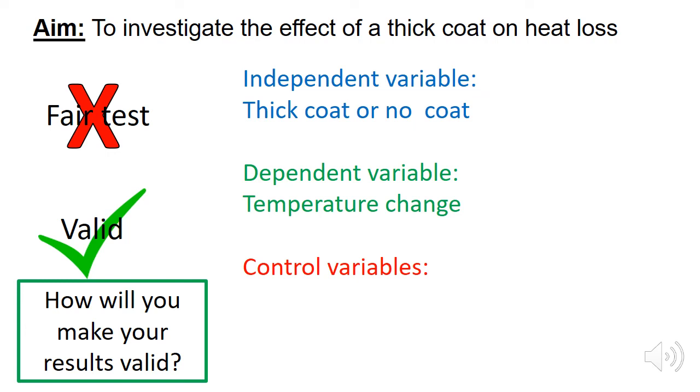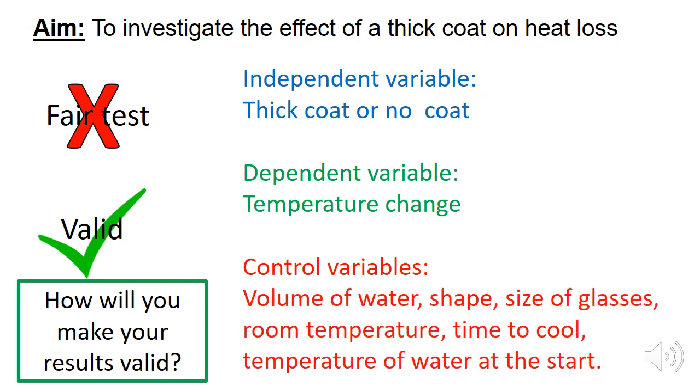And then did you identify that to make the investigation valid, you would control the following: that you would keep the volume of water the same, the shape and size of the glasses or the bowls the same, you would keep the room temperature the same, you would leave it to cool for the same amount of time, and you would also keep the temperature of water at the start the same. Well done if you got all them right.